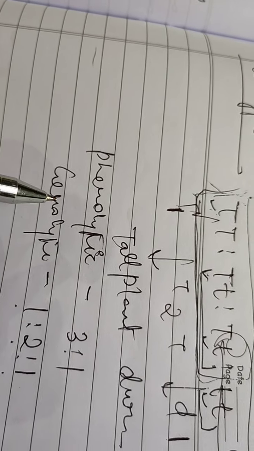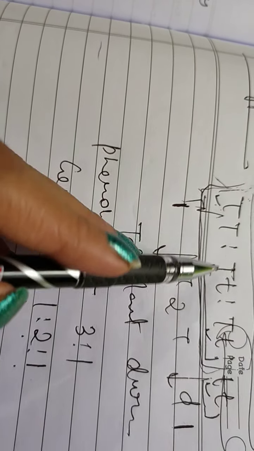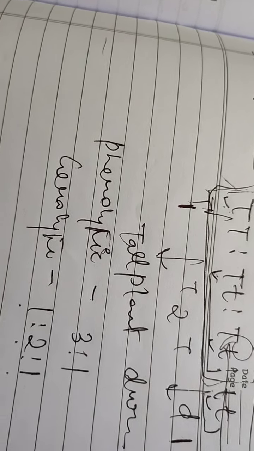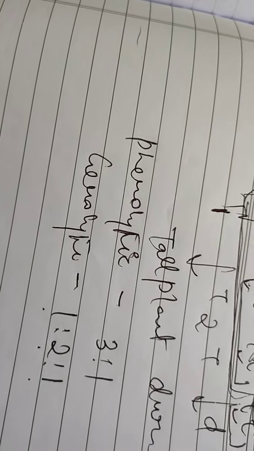So the complete genetic makeup of an organism, which may or may not show in physical appearance, is called the genotype.